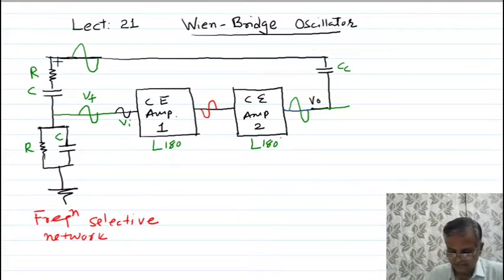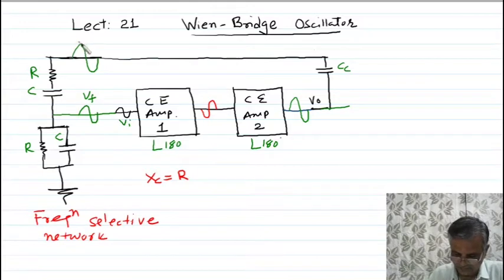See, when Xc reactance is equal to the resistance of this bridge, then there is no phase shift between VO and VF. They are in the same phase. Someone may have a question: due to this capacitance, phase is introduced.